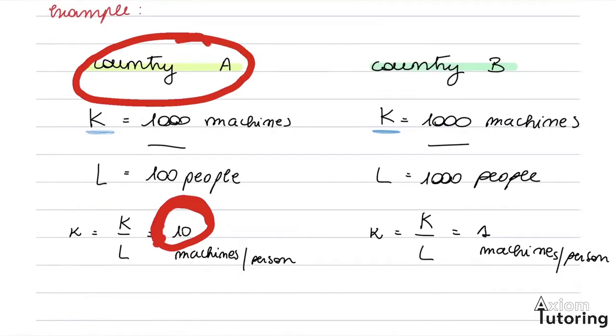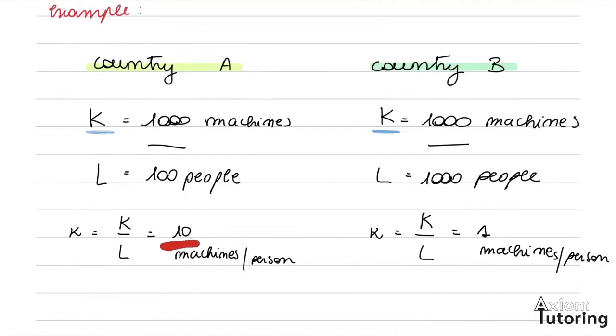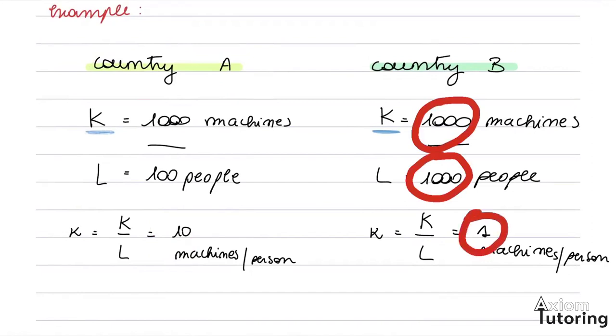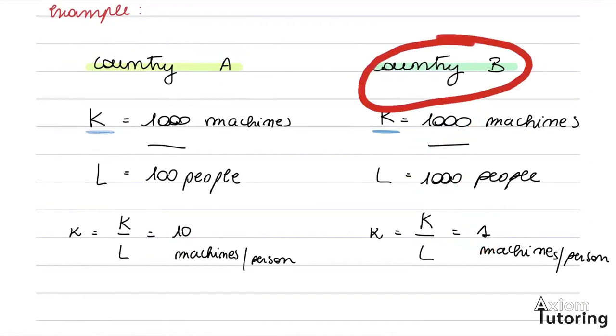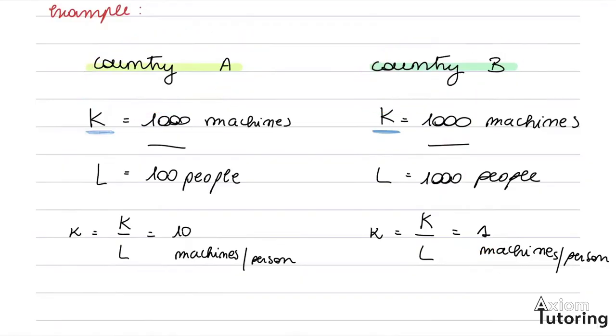However, maybe these people are overwhelmed because they need to use too many machines. And maybe it's more efficient to work with one machine at a time, meaning that country B is more productive than country A. So you see, the aggregate number of machines that each country is endowed with doesn't tell us much about how productive a country is.